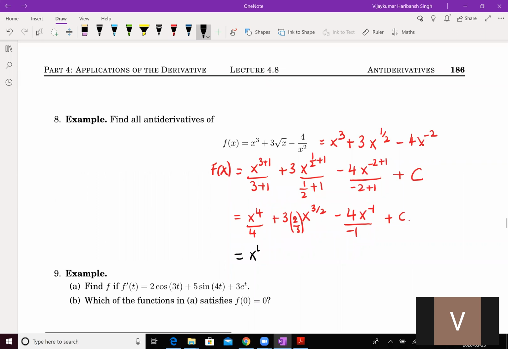So this is how the antiderivative works.